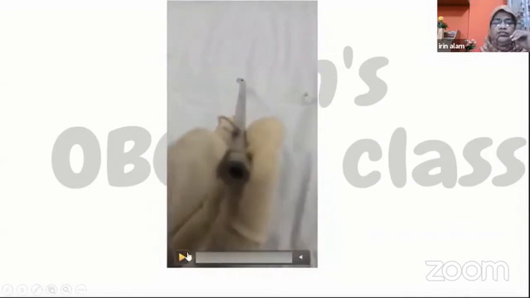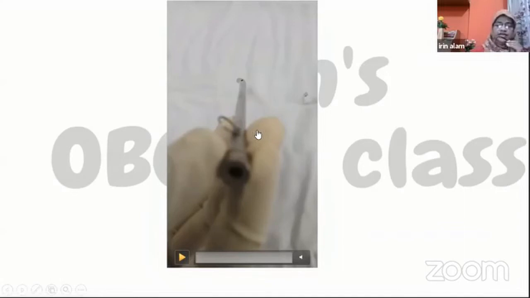This is used to evacuate the bladder before some operations, such as before D&C, that is dilatation and curettage, before vaginal hysterectomy, Fothergill's operation, etc. That is a female metallic catheter.